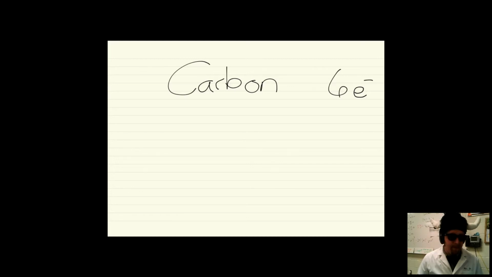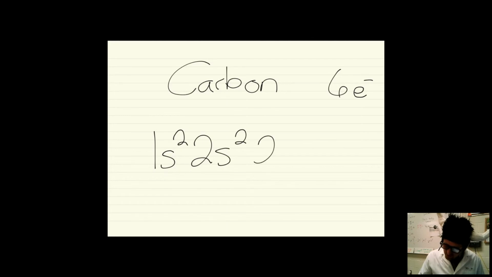So let's go ahead and do that. If we have our periodic table, we see that carbon is in the 2p part of the periodic table. So we're going to go 1s2, 2s2, 2p, and then we need 2 more electrons to make 6. So we're going to go 2p2.